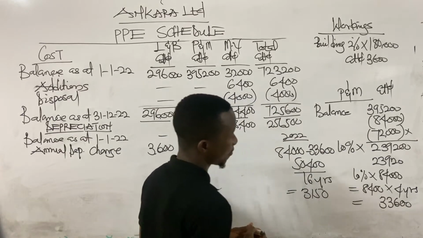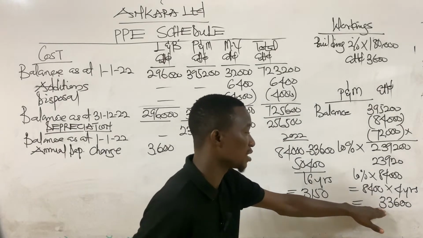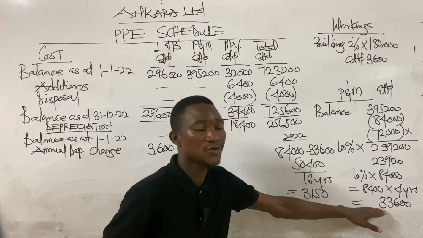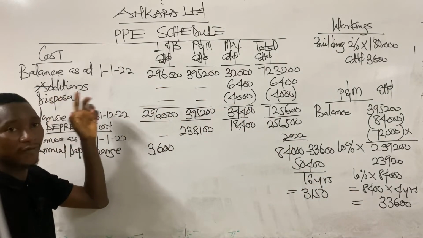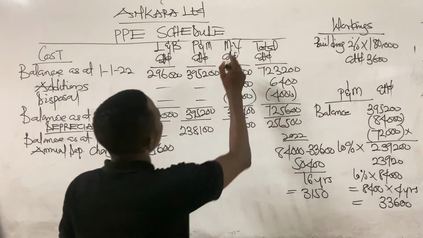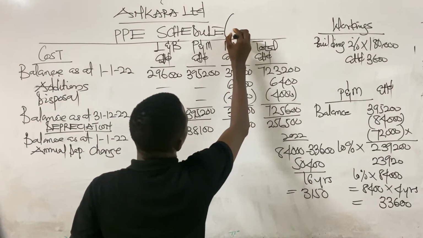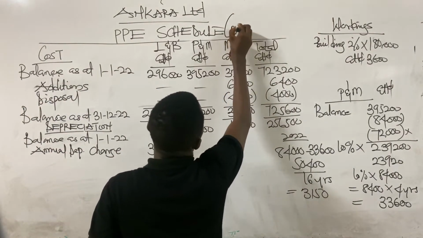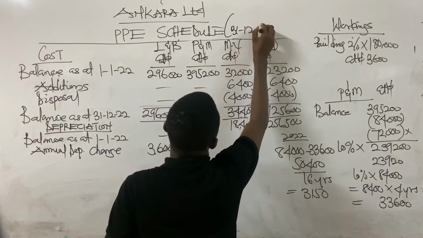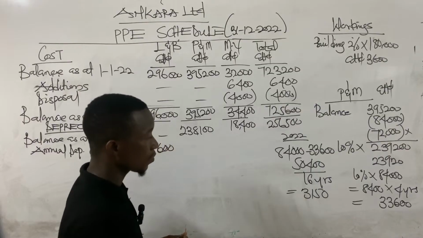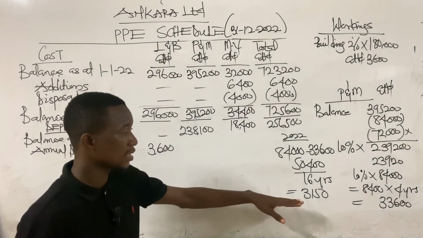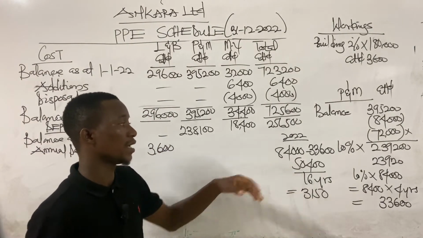But this accumulated depreciation is from 2018 to 2022, but our calculation is for 2022. So the PPE schedule is for 31st December 2022. Is that okay?